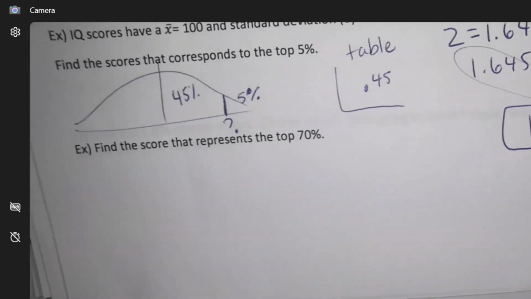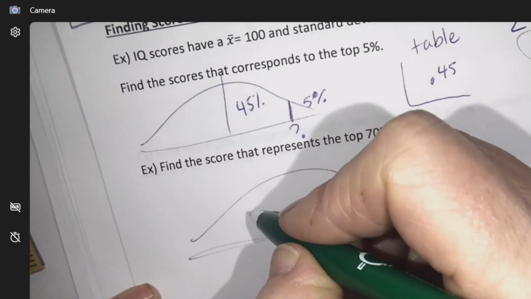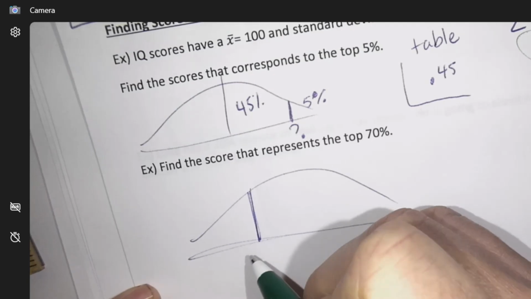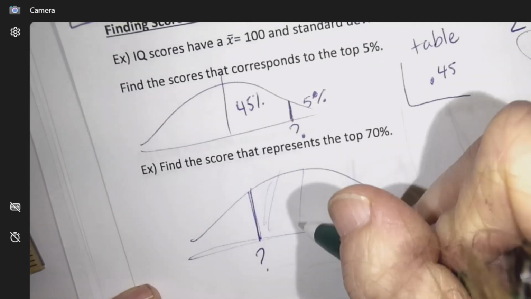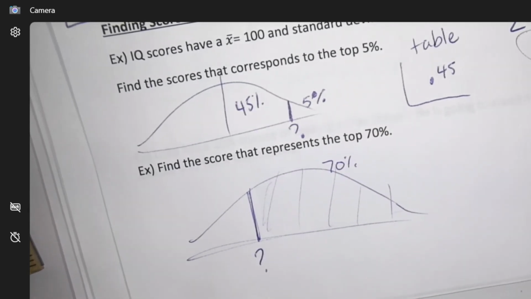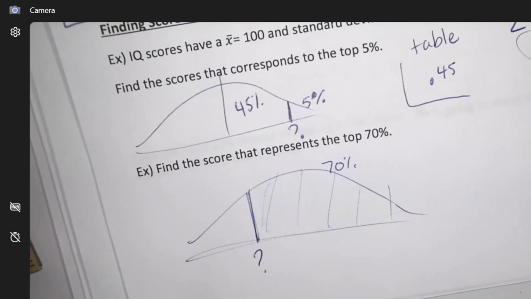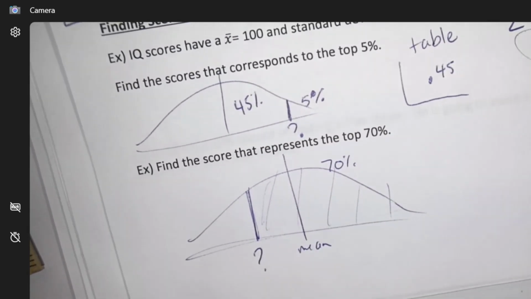Okay, the last one. Top 70%. So that's kind of where I look like, because the mean would be there.